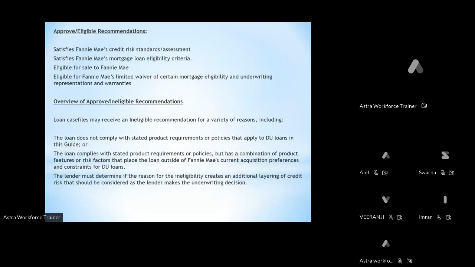So this is the approve eligible recommendation. Approve eligible means, in the AUS documentation, you will get the recommendation at the top, whether it's approve eligible or approve ineligible. If approve eligible, that means all the details are met. All these four points are met. Can someone please read what that is?